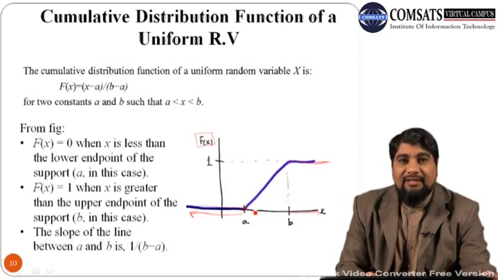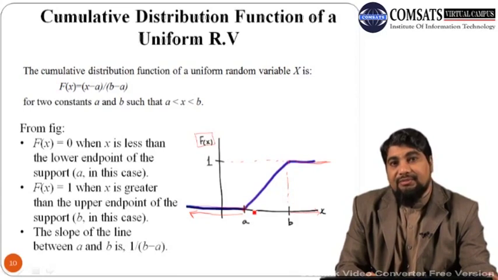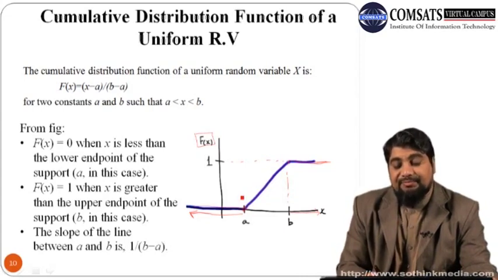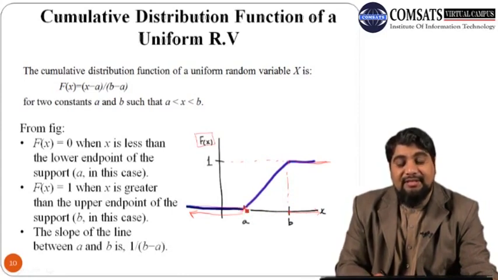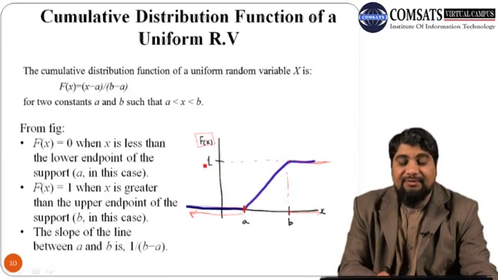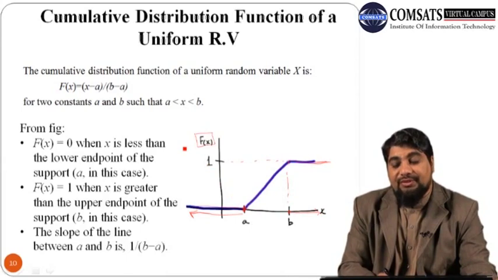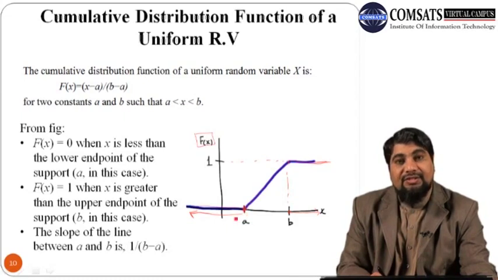We know that the cumulative distribution function ranges from 0 to 1; it cannot be bigger than 1. Since for uniform distribution the density function takes a positive value when x lies between A and B, and it is 0 otherwise, whether x is less than A or x is greater than B, in order to calculate the CDF, all values of x which are less than this lower limit are 0.